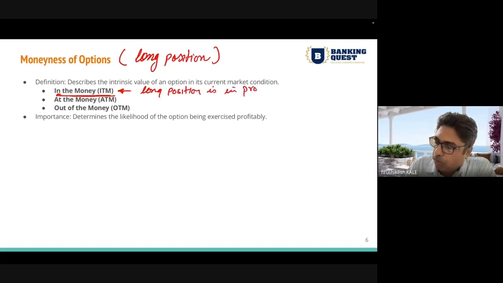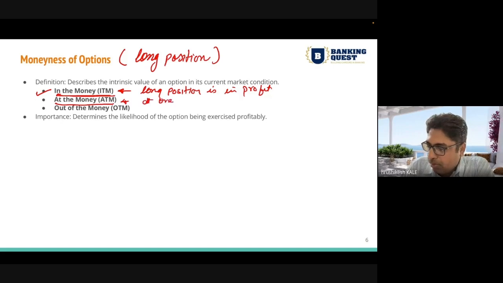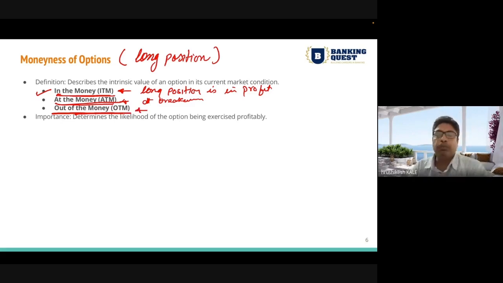When the long position is at break even, you call it at the money. And when the long position is not making anything, then you call it out of the money.